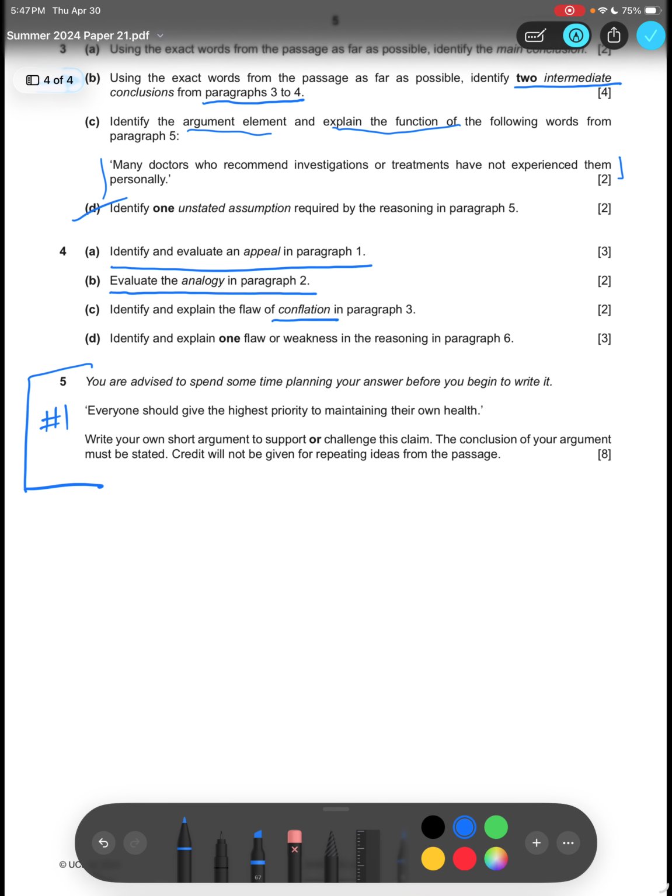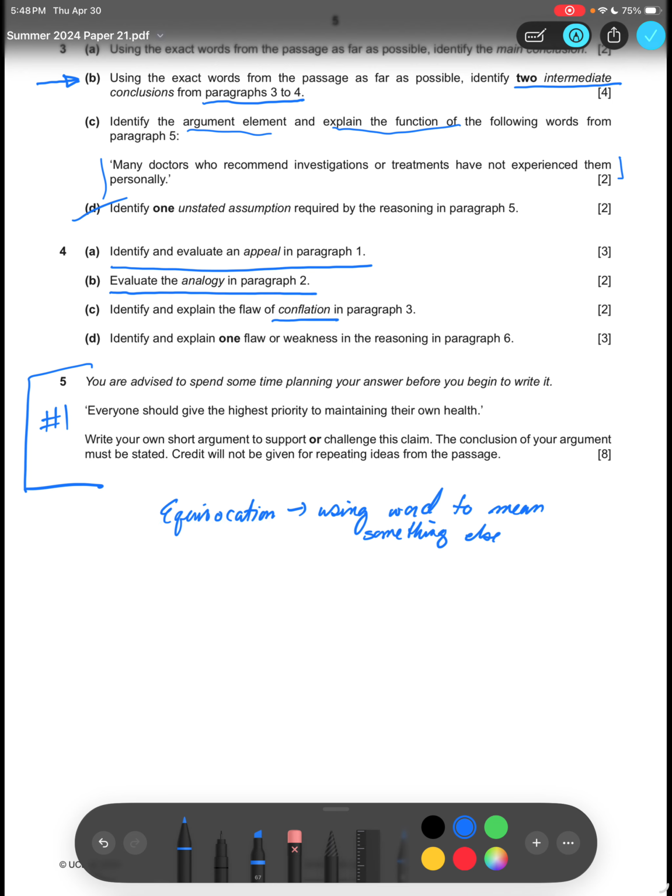Just a quick little reminder, equivocation is using a word to mean something else. It's a flaw of using a word the wrong way.